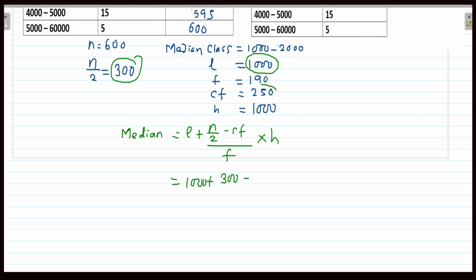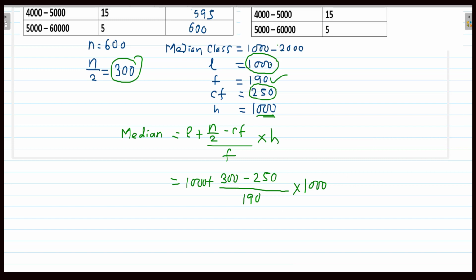Cumulative frequency is 250, divided by F. F, that is the frequency, is 190, multiplied by H. H is 1000.